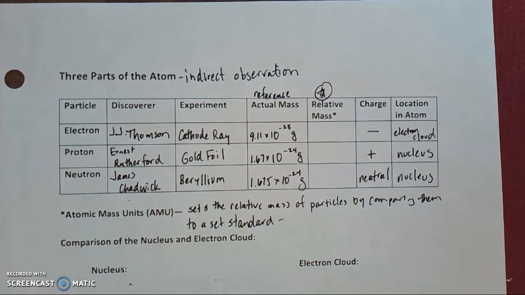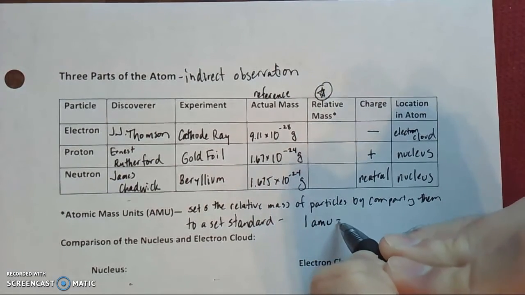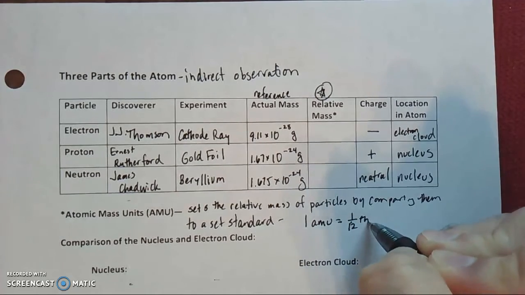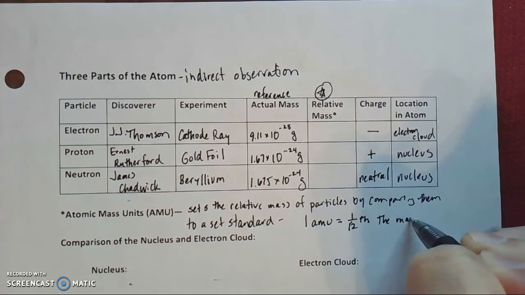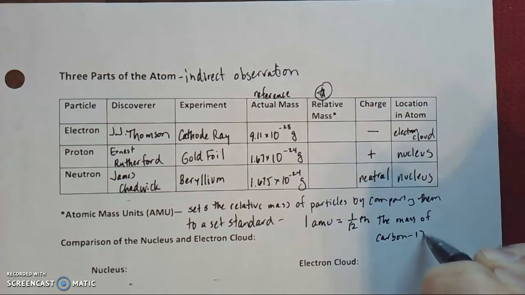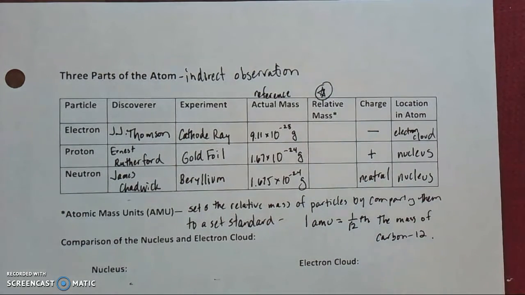We would define what is a meter, what is a liter. Well, this unit is called an atomic mass unit. And the standard is 1 AMU is equal to 1/12 the mass of carbon-12. And carbon-12 is an atom of carbon. So 1/12 the mass of carbon-12.